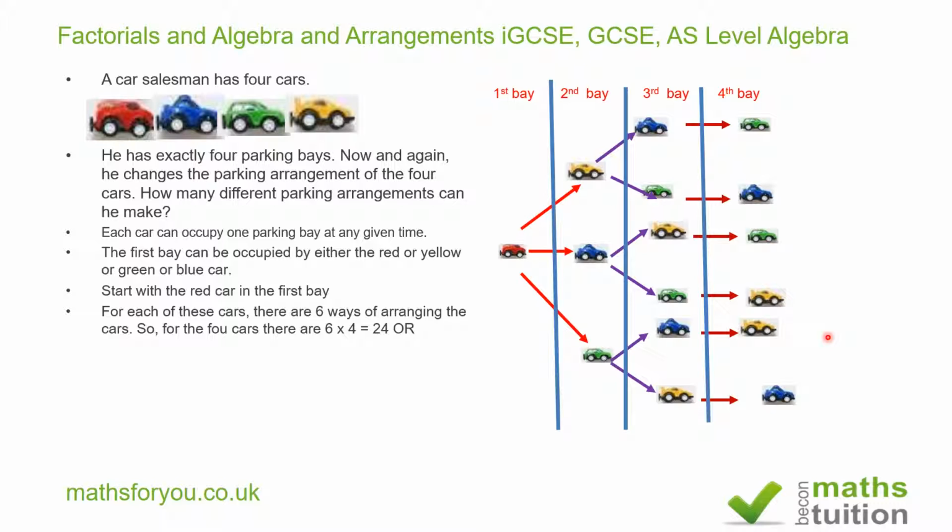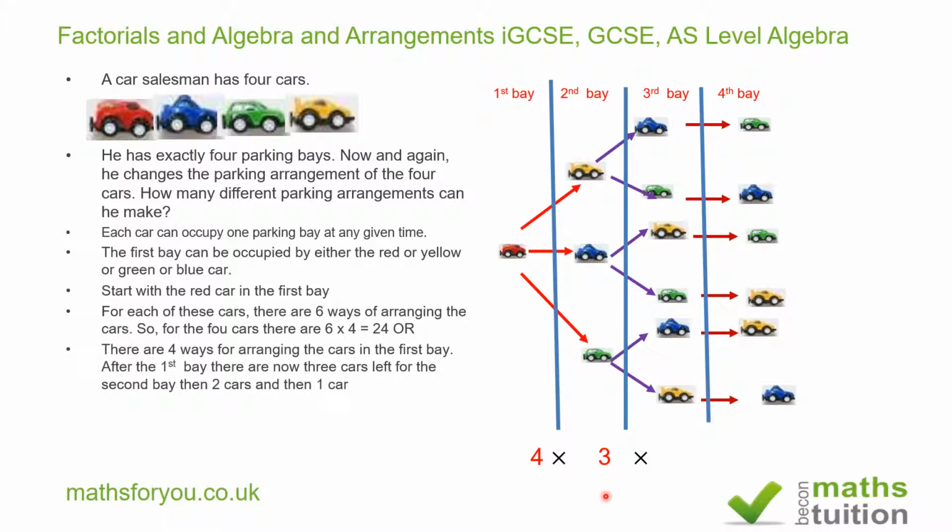So which means that for all 4 cars, there are 6 times 4, 24 possible arrangements. Or you could also say that for the first bay, there are 4 possible ways. For the second bay, there are 3 possible ways. For the third bay, there are 2 possible ways.